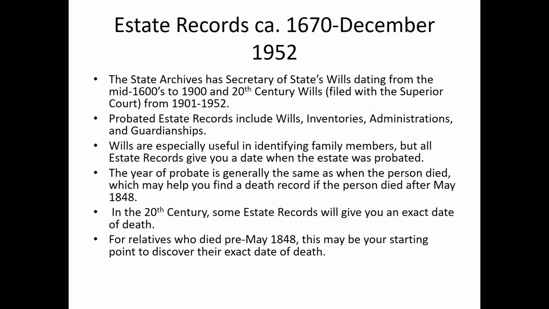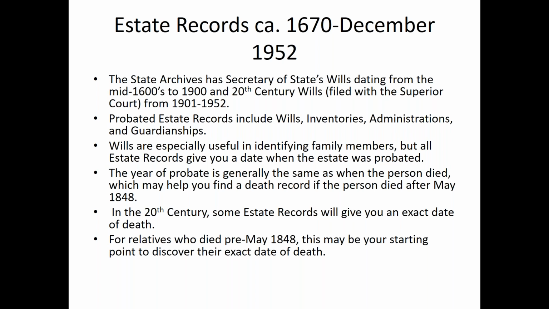The probated estate records document types include things like wills, inventories, administrations, and guardianships. And wills, of course, are what you really want because they display kinship relationships, and it kind of gives you a good idea of the sort of possessions that your ancestors had.